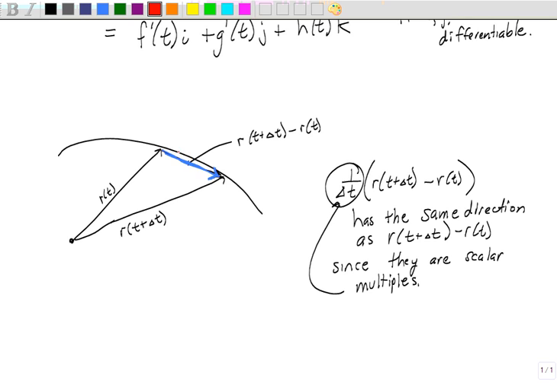So this right here is going to be that vector.